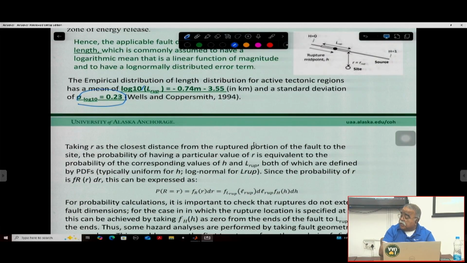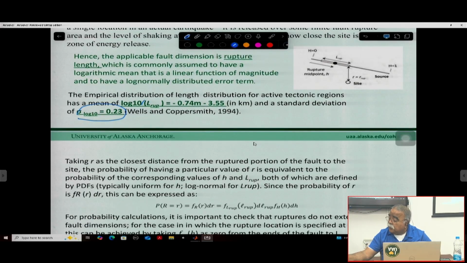So that's the part. So we are saying that, let's see, this point is h equals 0, and this point is h equals 1. So let's see, this is the unit point, and this is the site, and this site has a distance r, where r is this point.